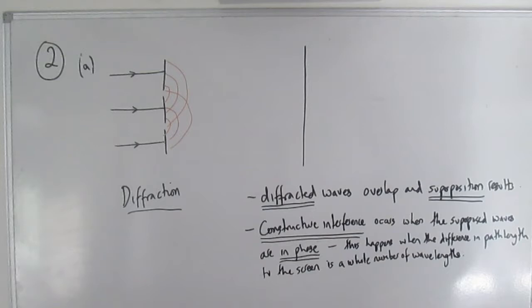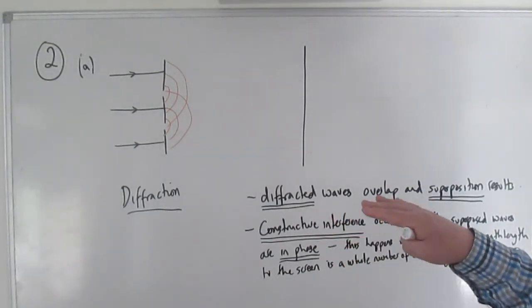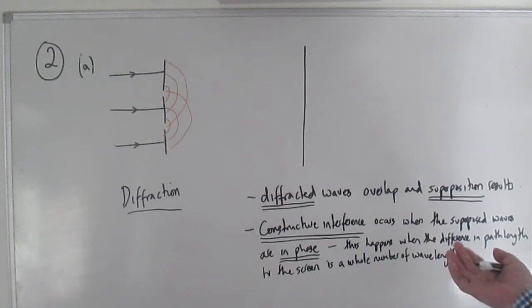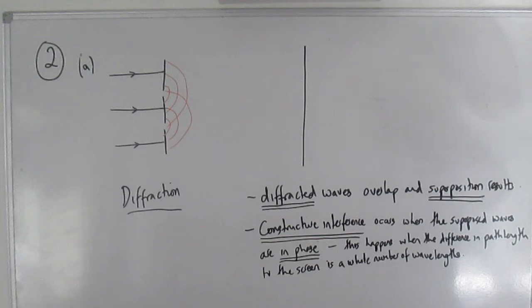So it would have been enough to say constructive interference happens when the superimposed waves are in phase, but you can spell that out a bit more and say, well, what has to be true for them to be in phase when at that point where they hit the screen? And the idea is that you have to have a whole number of wavelengths difference in path length so that they're arriving at completely the same point in the wave cycle.